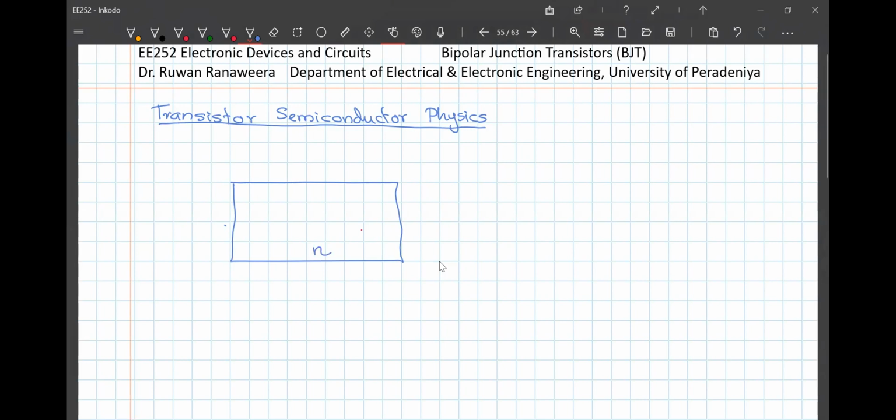I expose it to the aluminum so that it diffuses into this substrate, forming a P-type layer, P-type semiconductor. So now you have an NP junction.